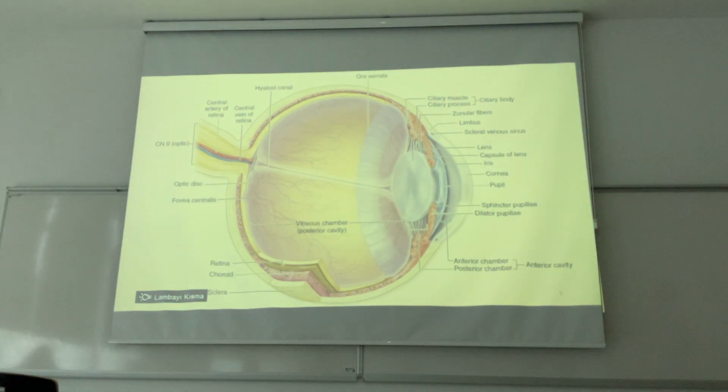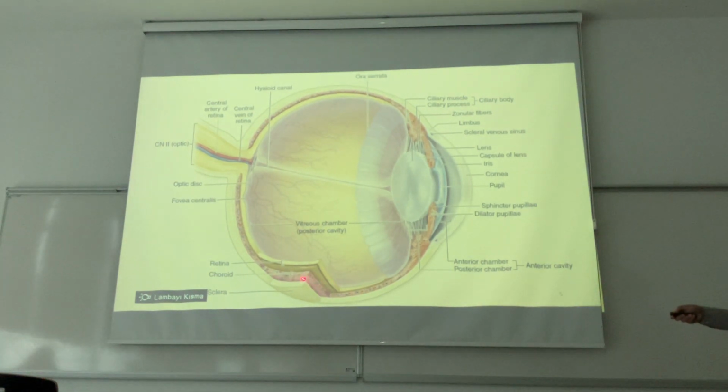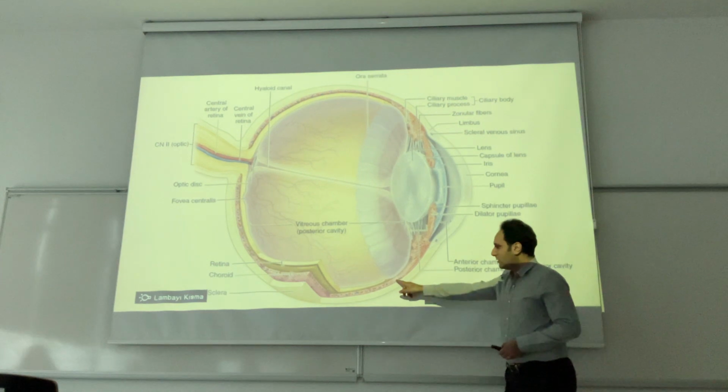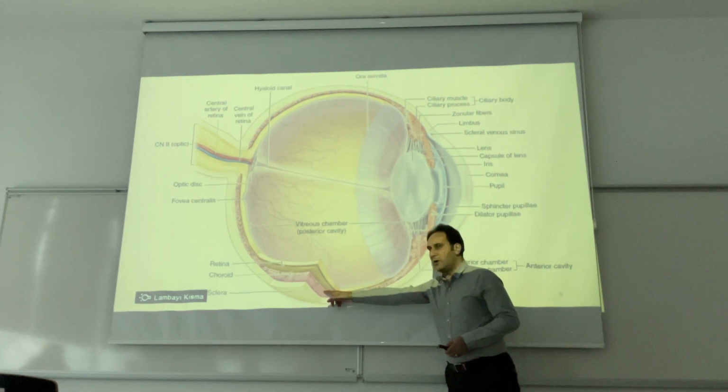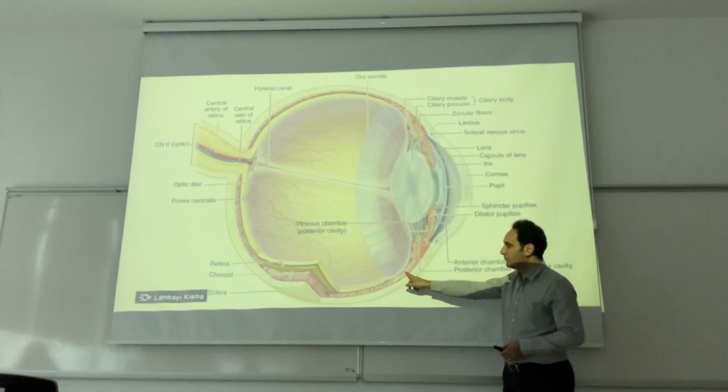In the eye, here, in the middle side, under the sclera, we have the choroid layer, or the vascular layer. The vascular layer under the sclera is known as the choroid. The choroid layer covers the eye from the posterior side until here.